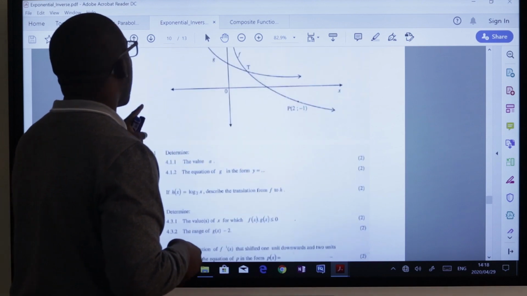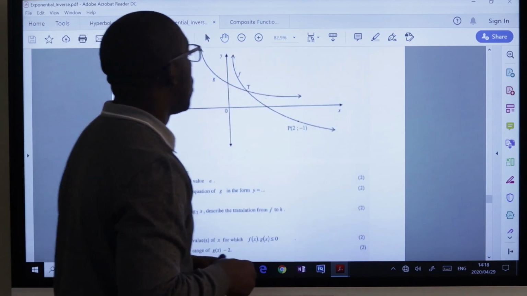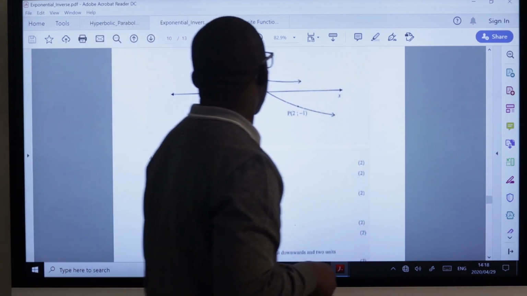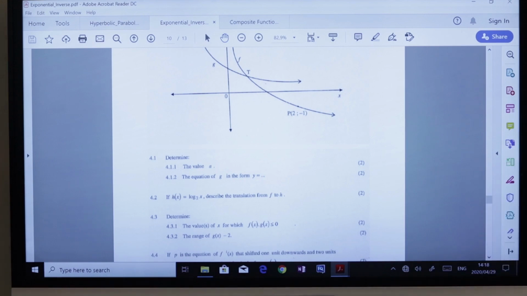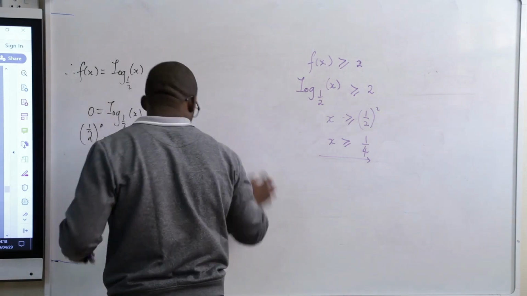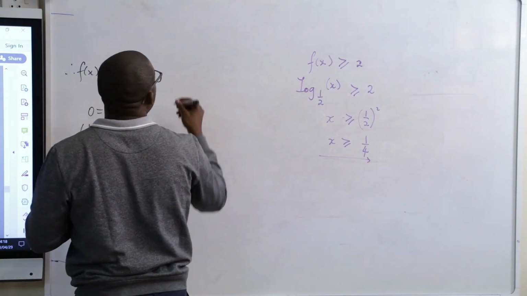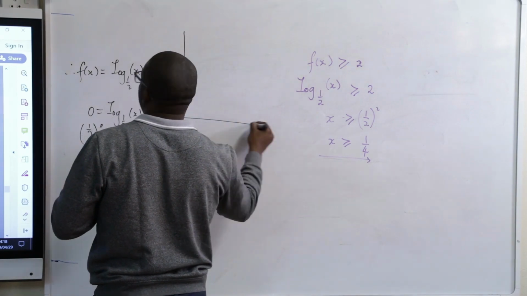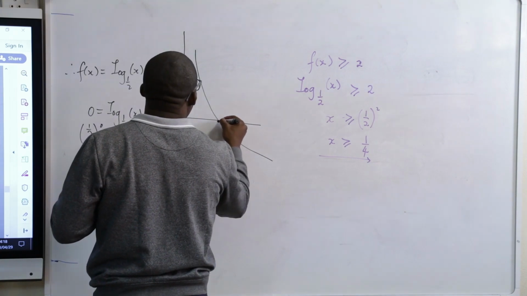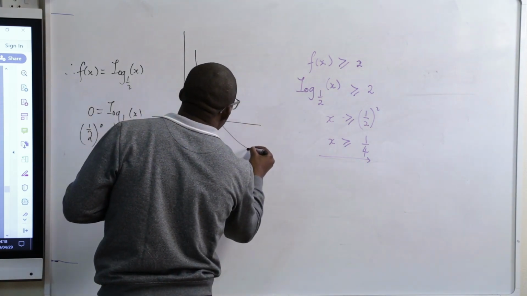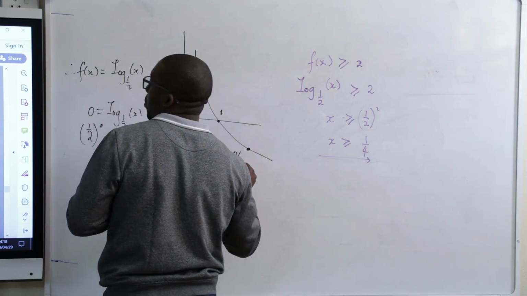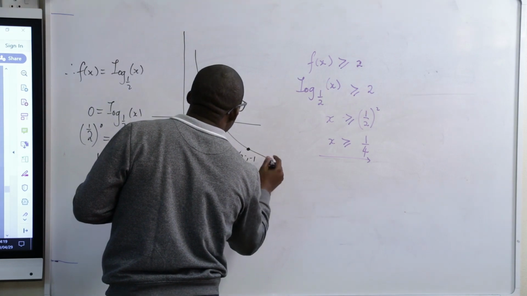We can also use a graphical approach of interpolation. And there is the graph. F was in this fashion. This was 1. Then we had a point P, which was 2 and minus 1.